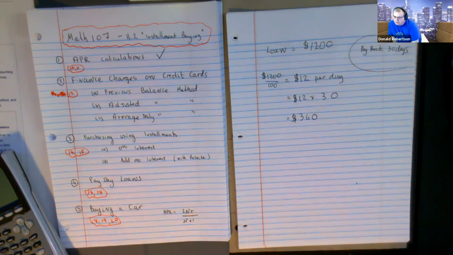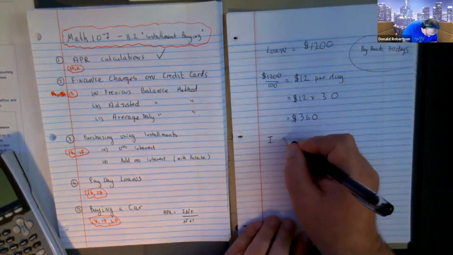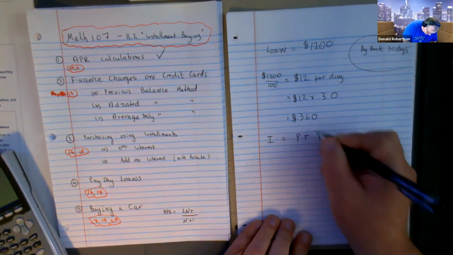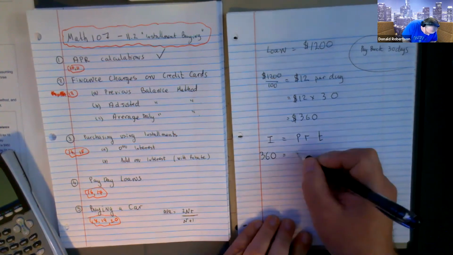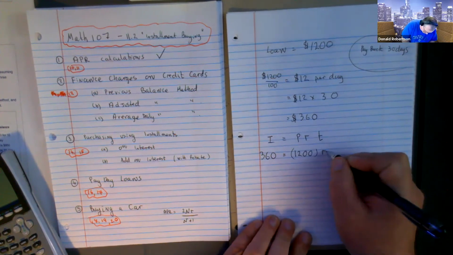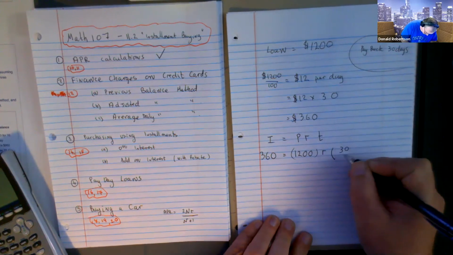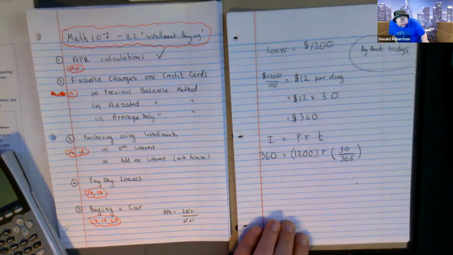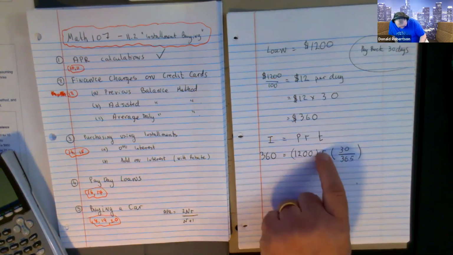Okay, let's see what the finance charge is this time. The interest I is $360. You borrowed P, $1,200. We're going to calculate the rate R, and the time T is now 30 days out of 365. Are you happy about I goes here, P goes here, leave R, T goes there?